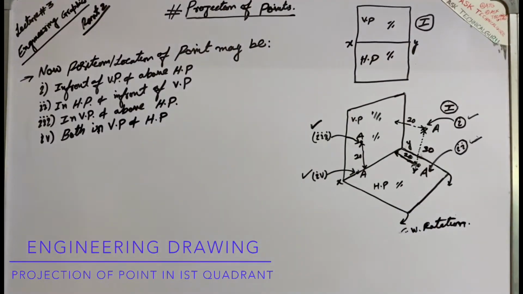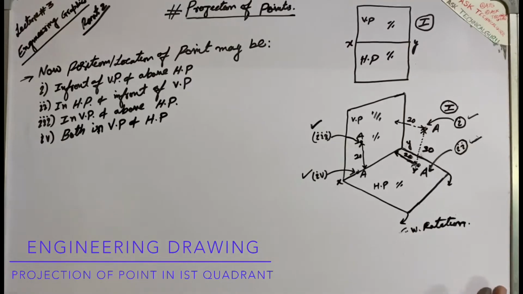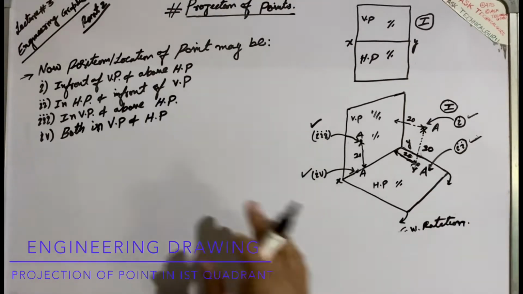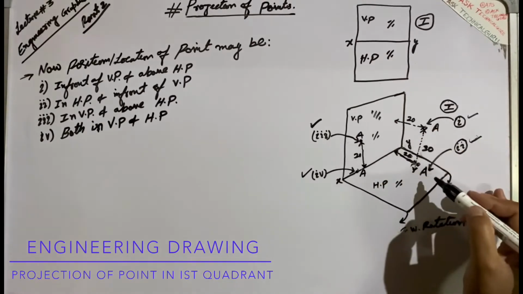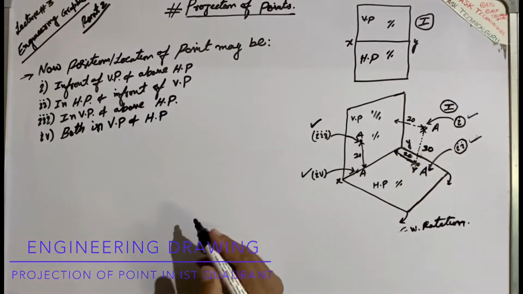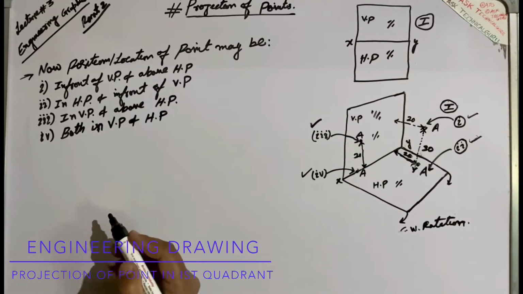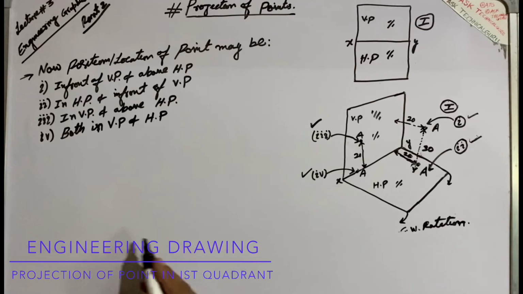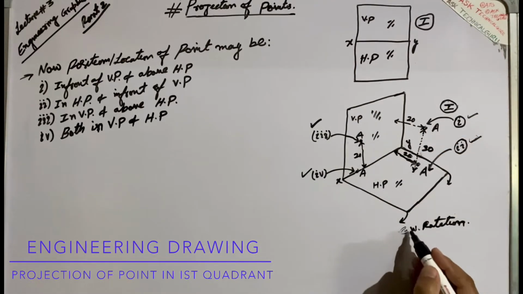Now let us draw the orthographic projections of these points, point number 1, 2, 3 and 4, according to these positions. First of all, we will make an XY line, because we have to open this in a clockwise direction.